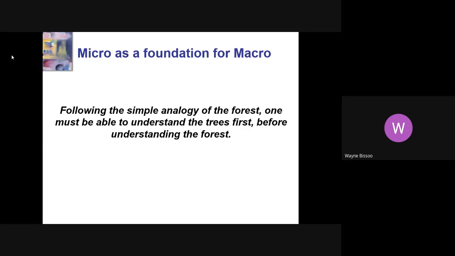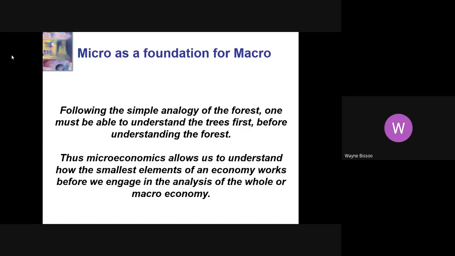It will make better sense for you to understand the inner workings of the economy before you begin to look at the whole economy operating together. So remember that it is important to remember the things we do in microeconomics because they become the basis for what happens in macroeconomics. That makes sense, guys? If microeconomics allows us to understand the smallest elements of how the economy works before we engage in the analysis of the whole macroeconomy, that's the point we're trying to make here.